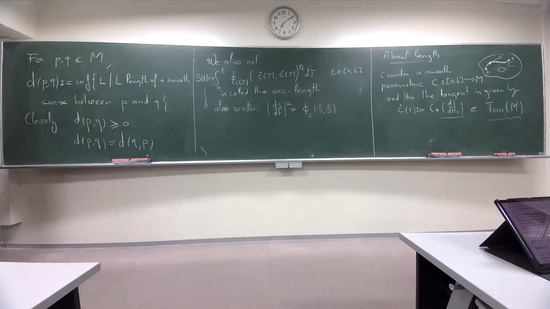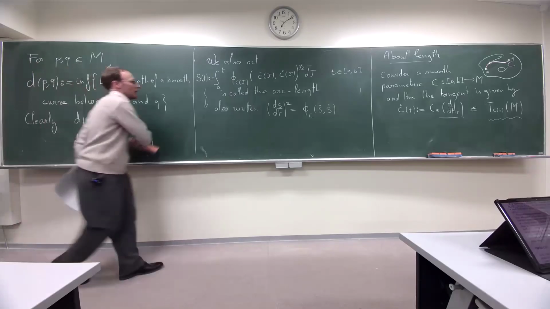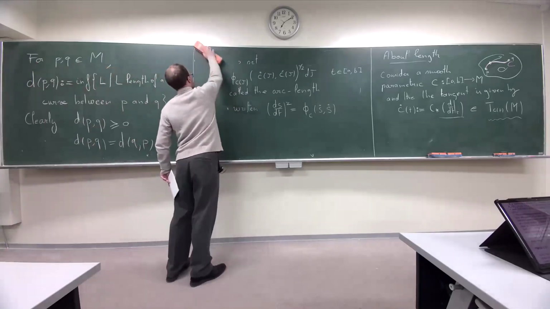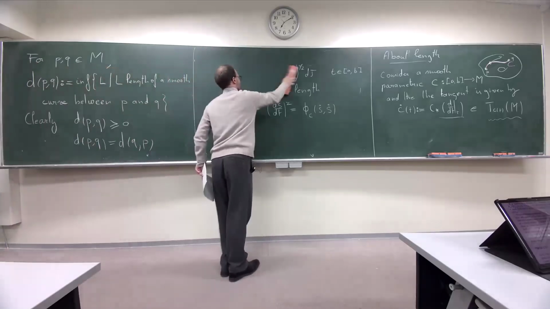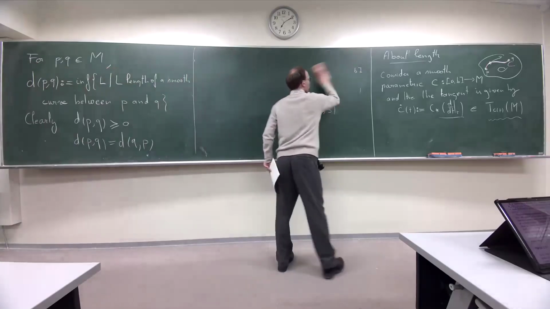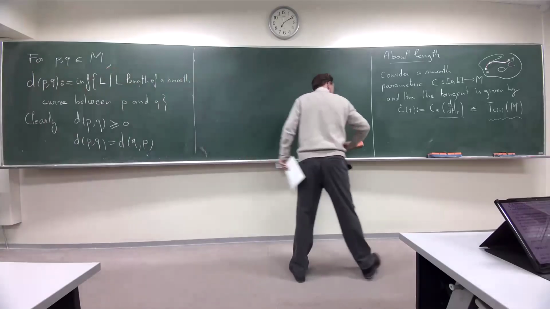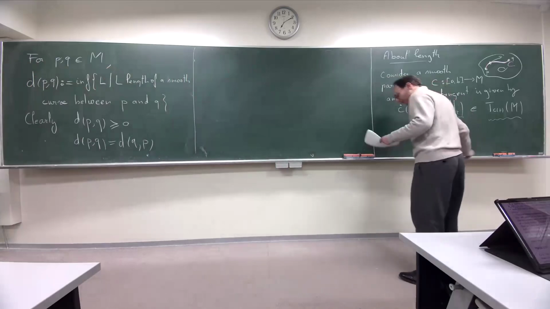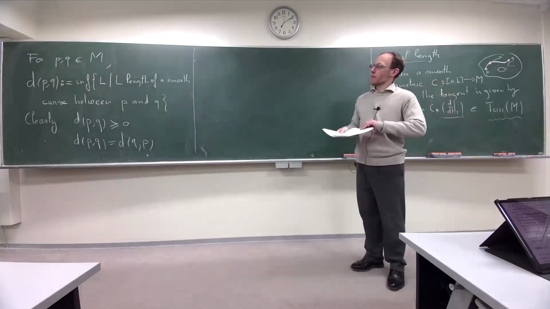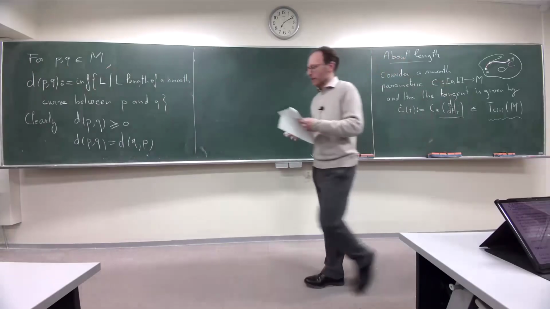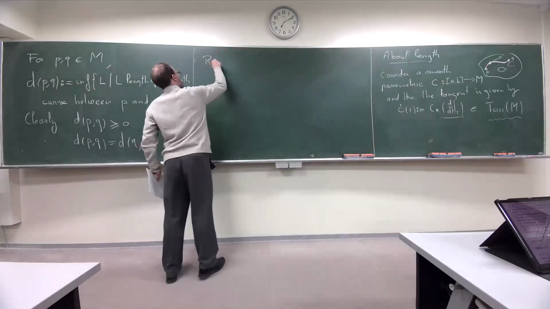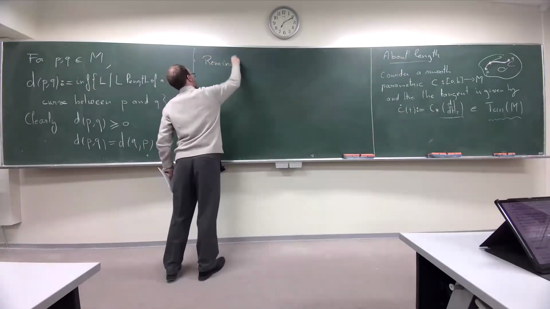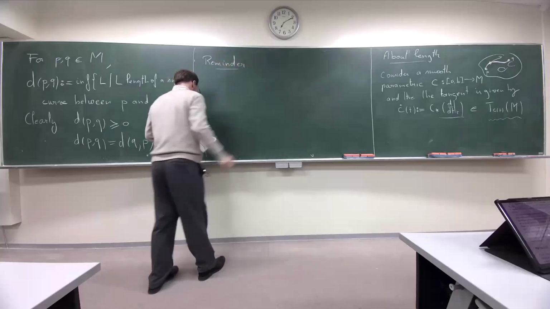What is a metric, or what is a metric space? It's a space having something which is of this type. So let me remind you what is a metric space. It's something where you can measure, because there is a metric. And it turns out that a manifold is a metric space. So this is a reminder, or maybe it's new for most of you, but still it's a reminder.